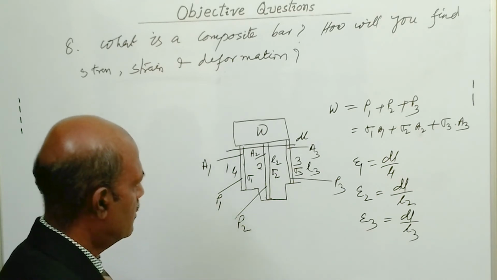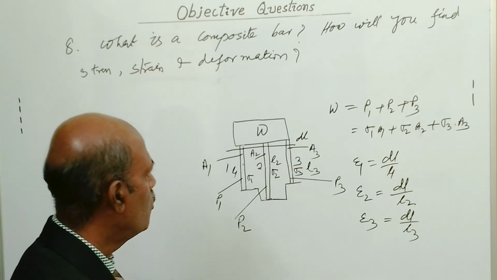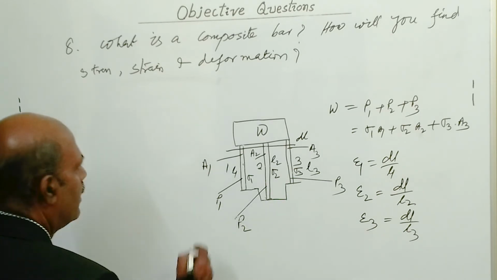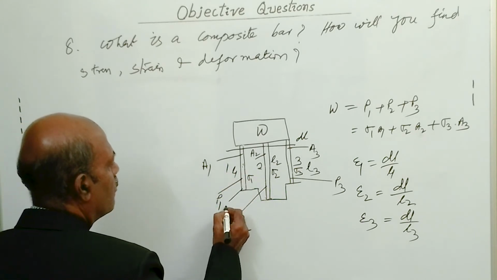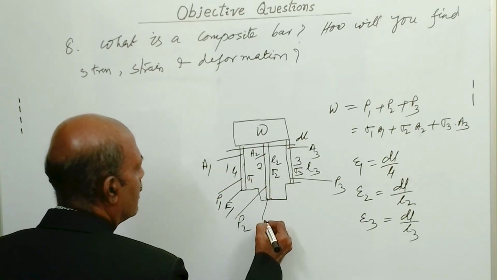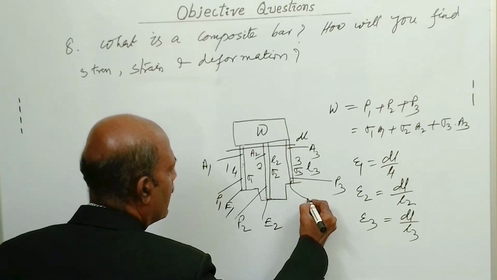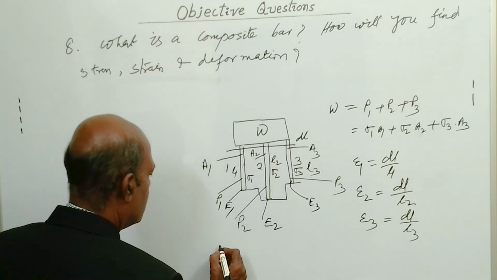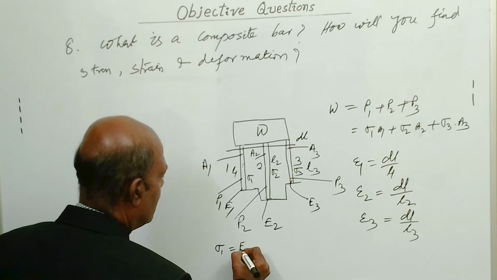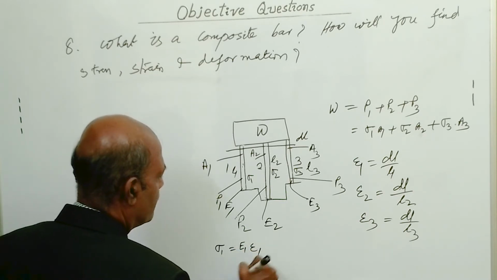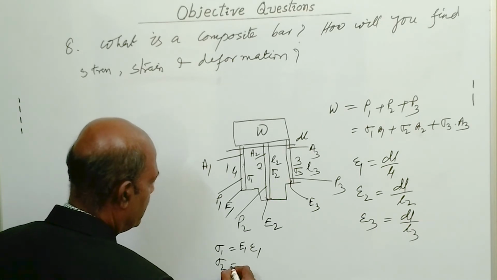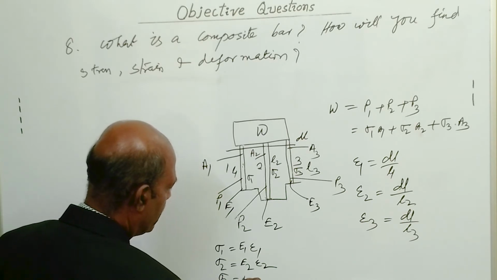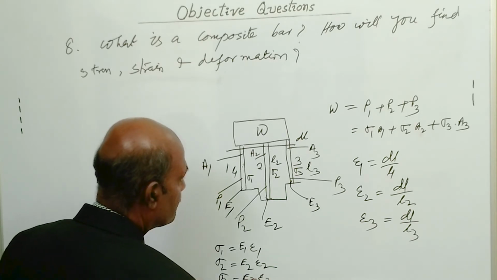So we can write the equations, and also we know the relations. Once we know sigma and epsilon, say the Young modulus of the first bar is E1, E2 for the second bar and E3 for the third bar. So we can find another set of equations: sigma 1 is equal to E1 into epsilon 1, sigma 2 is equal to E2 into epsilon 2, and sigma 3 is equal to E3 into epsilon 3.